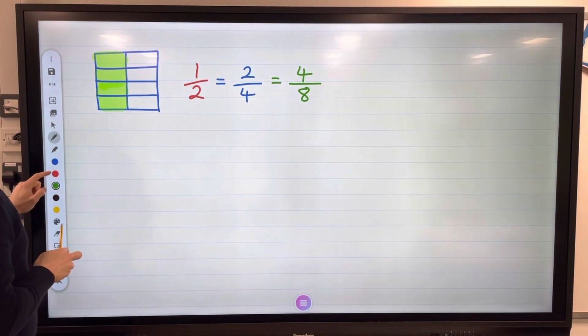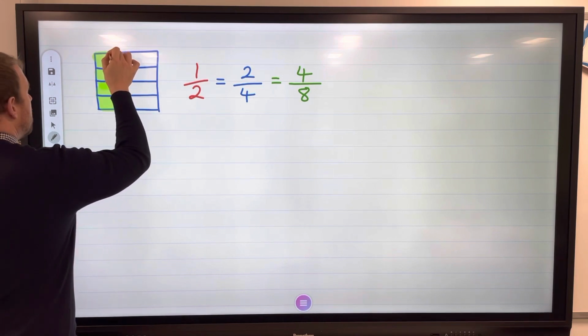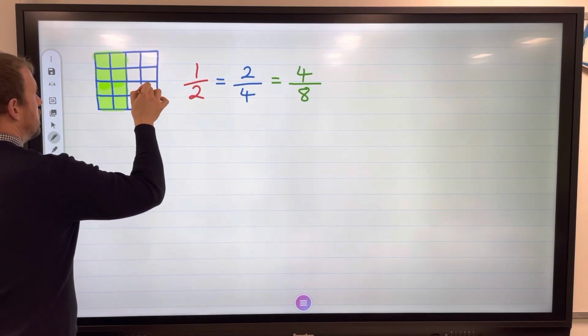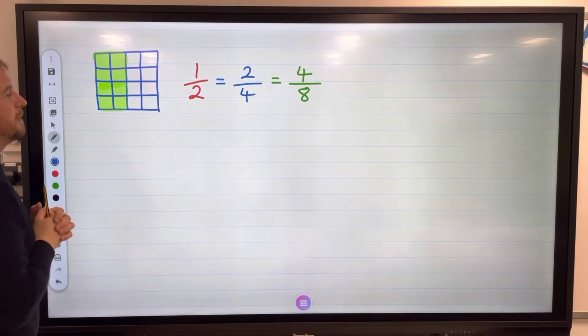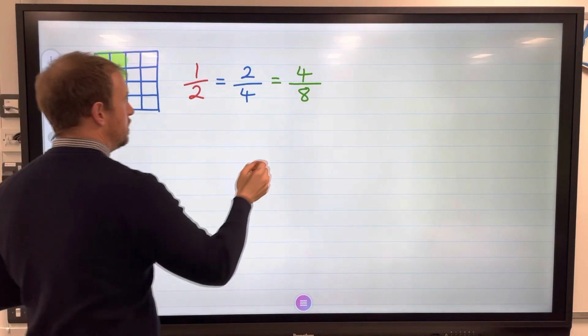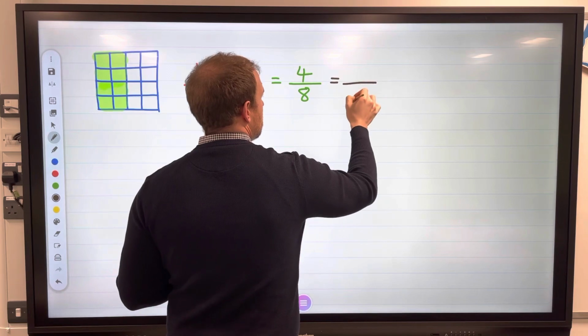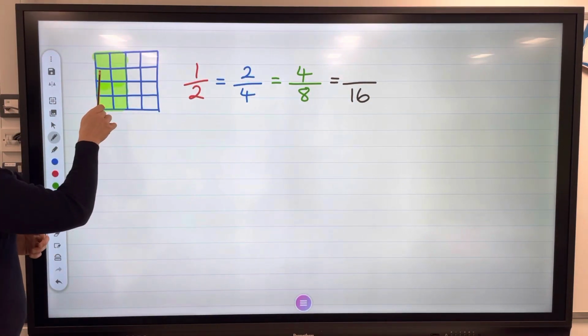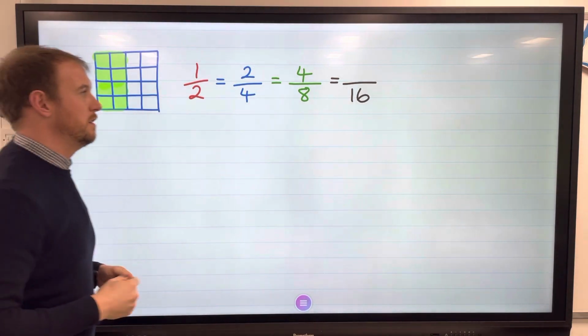How about if I chopped these to make 16 squares? How many are shaded? 1, 2, 3, 4, 5, 6, 7, 8.